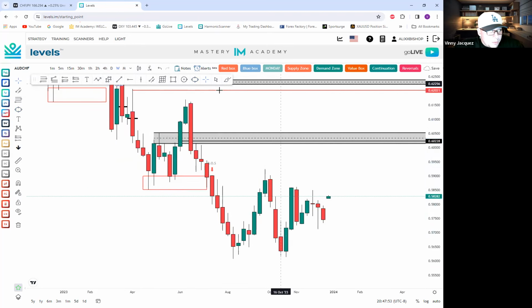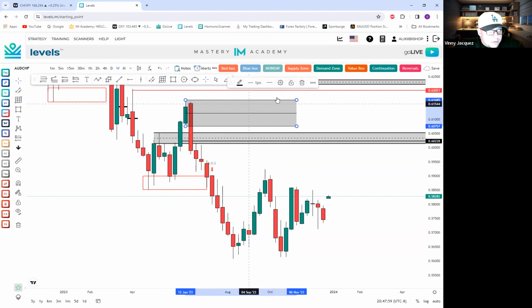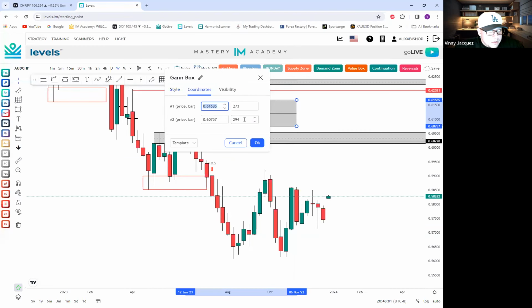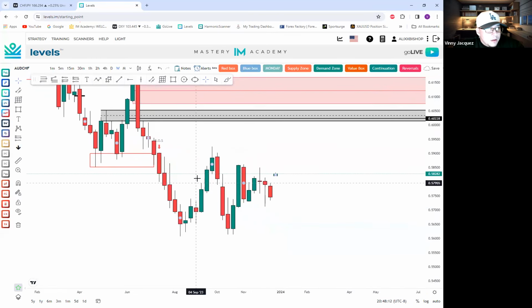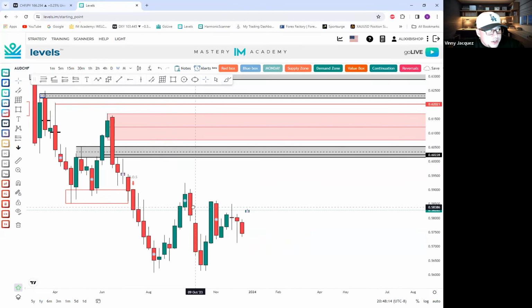That's my rally breakout. This would be my starting point. Boom. Look at how it's literally doing its job for us.